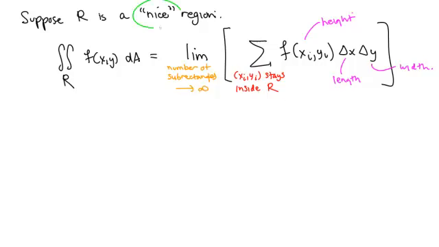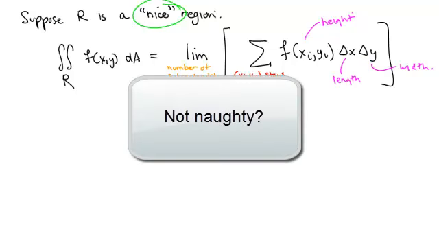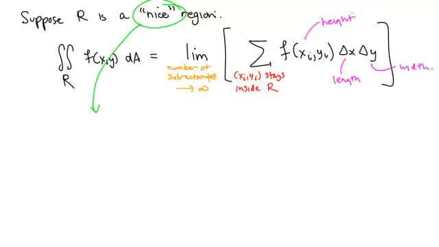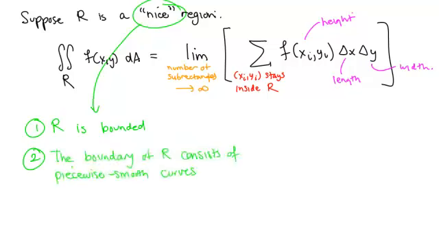Now, an obvious question is, what do I mean by nice? Well, it turns out that I can make the word nice a fairly precise word in a Calc 3 setting. What we mean is the following. First, R is bounded. It needs to be sort of finite in expanse. And two, the boundary of R consists of piecewise smooth curves. What does this mean?